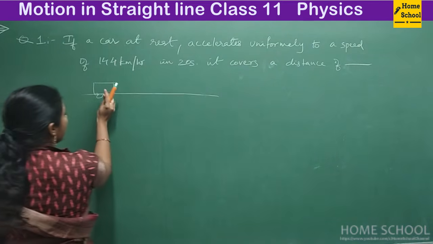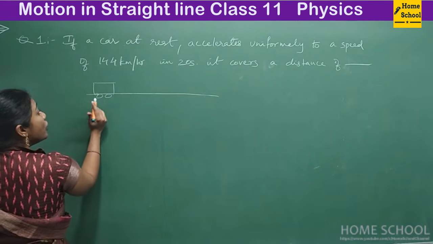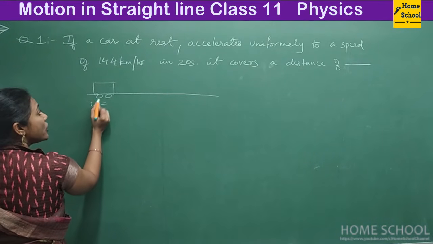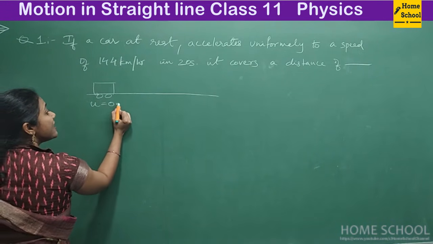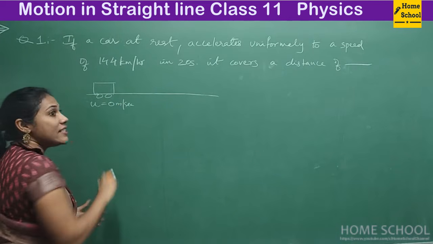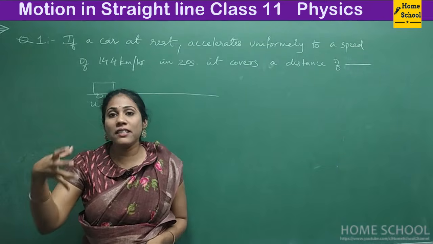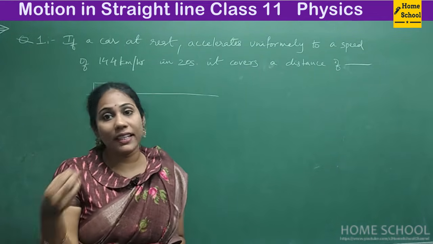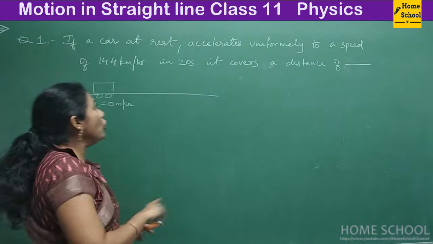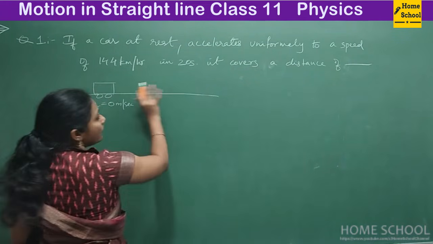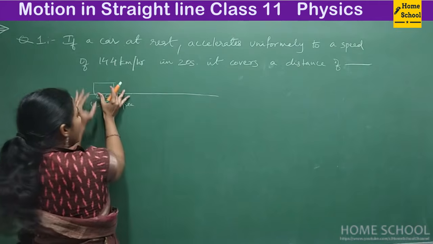It was at rest initially, so you understand that u, the initial velocity of this car, is 0 meter per second. When something is at rest and starting, its velocity is 0 meter per second. So a car at rest accelerated uniformly with a certain acceleration. It is moving from rest.